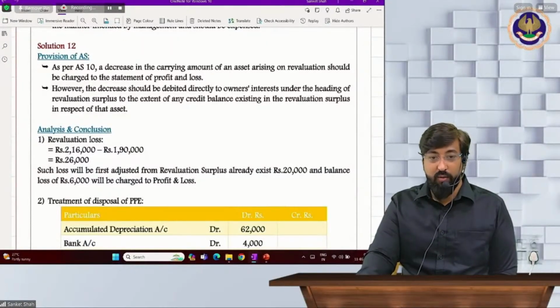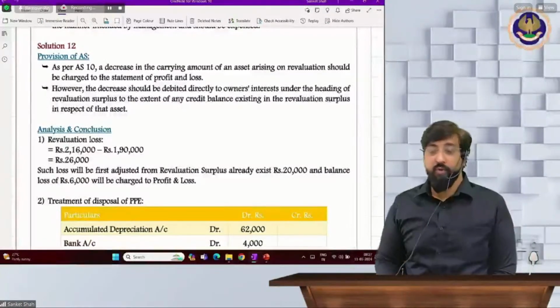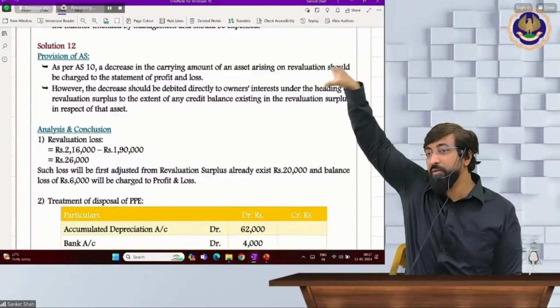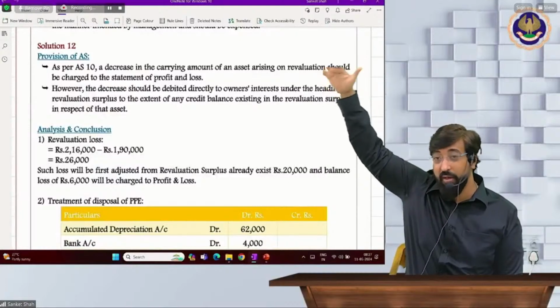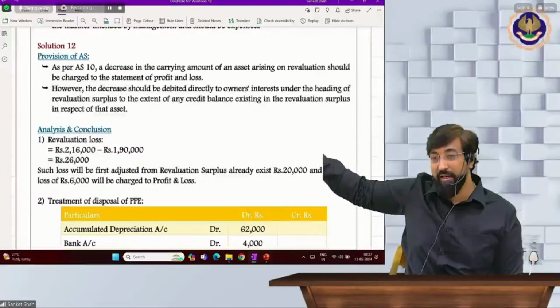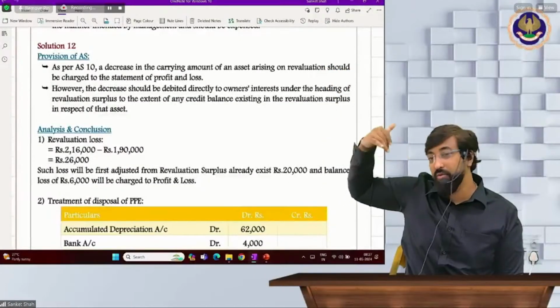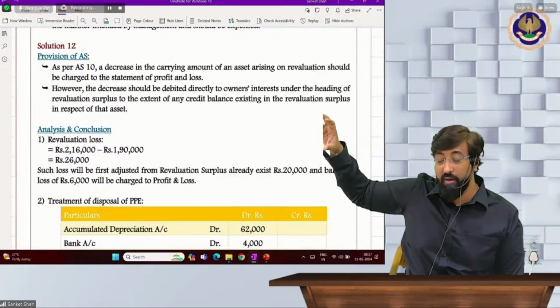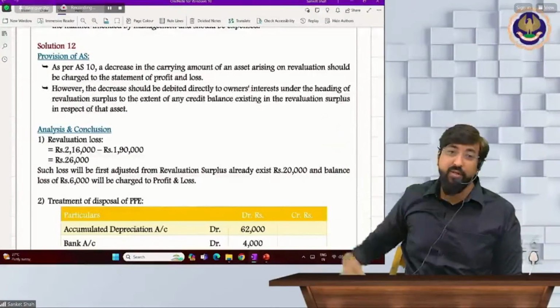Not at all. First time upward 20,000, so there is a balance in the revaluation reserve. And now you are cancelling it with 26,000. You are reducing the asset by 26,000, so credit asset 26,000, debit revaluation reserve, and P&L account is the balancing figure.